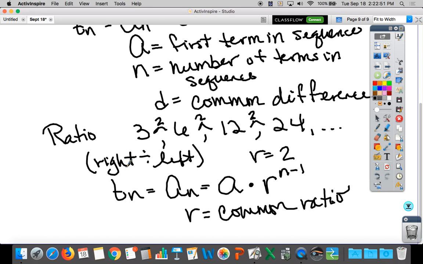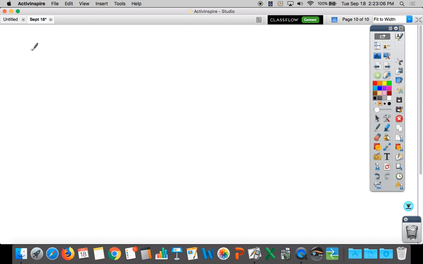Okay, so let's look at question number 1, A, B, C, D, E, and F. So they want us to decide whether it's arithmetic, geometric, or none. And then if it's arithmetic, what is the common difference? If it's geometric, what is the common ratio? Of course, if it's none, it doesn't have anything. So look at the first one. The first thing I would do is I'd always check for arithmetic.